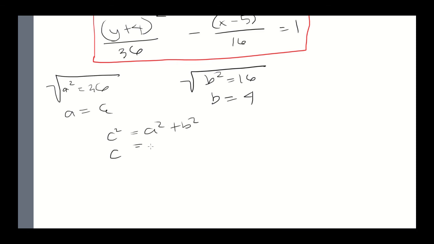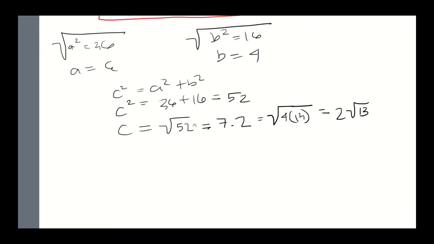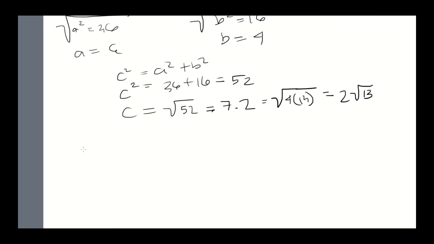So c square is equal to what? 36 plus 16, which is equal to 52, then we square root that, so square root of 52 is 7.2, or also equals square root of 4 times 13, which is also equal to 2 square root of 13. Okay, so we have now c.